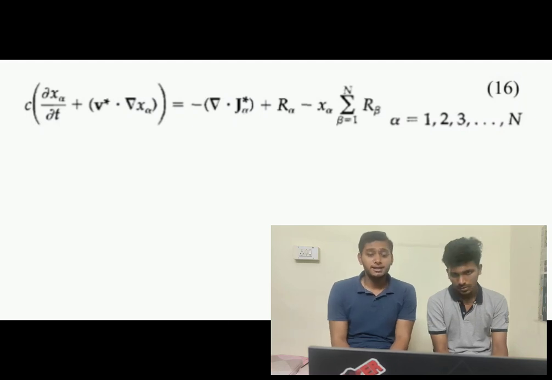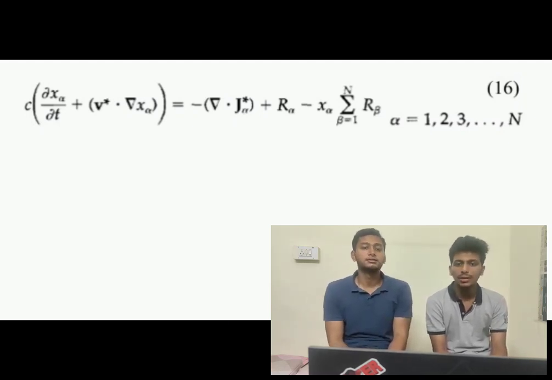Alright Kaushik, let's get into the terms. Start us off. The left hand side, the time derivative and the convective transport, which is C times ∂x_A by ∂t plus v star times ∇ x_A, where C is the total molar concentration of the mixture. It's the scaling factor.